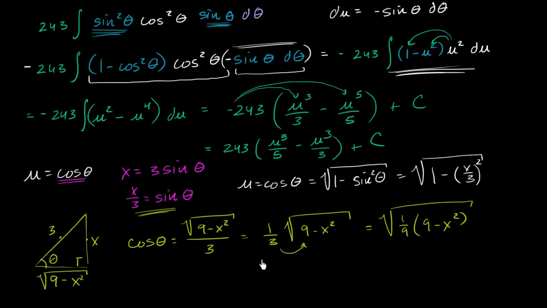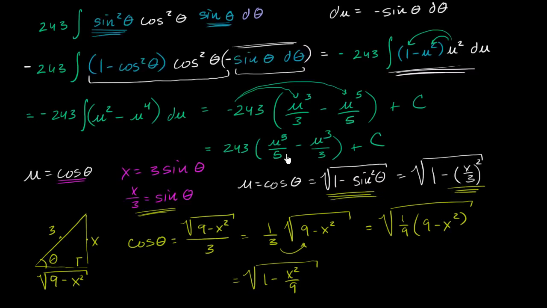And so now this is going to be the same thing as the square root of 1 minus x squared over 9, which is exactly this thing right over here. x squared over 9 is the same thing as x over 3 squared. So either way you get the same result. I find using the trig identity right over here to express cosine of theta in terms of sine theta and then just doing this substitution to be a little bit more straightforward.